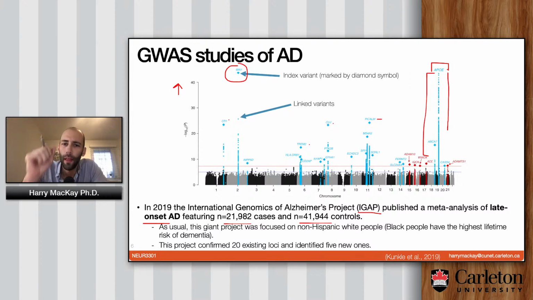Well, the top variant is called the index variant. It's also called the sentinel variant. It has a couple of different names. And then there's also a range of linked variants. The linked variants are significantly associated with the condition as well, but they're significantly associated by virtue of their linkage to the index variant. So let's go in for another dip into the old linkage discussion.